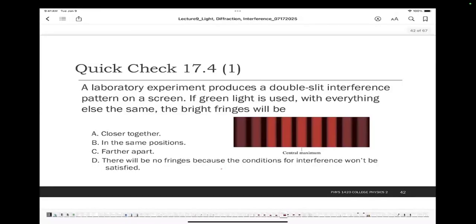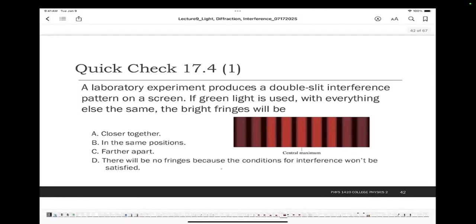A laboratory experiment produces a double slit interference pattern on a screen. If green light is used with everything else the same, the bright fringes will be... Actually, this one is very similar to the last one.